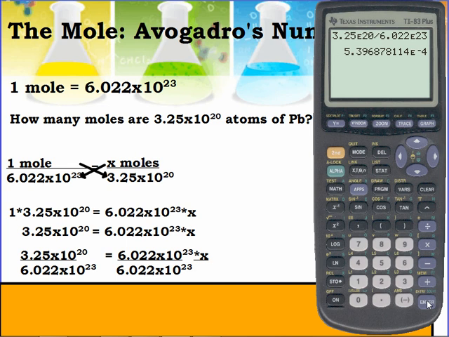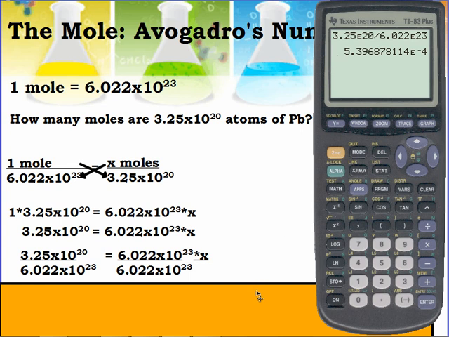My answer is 5.39. Actually, I think I'm going to round that to 5.4 times 10 to the negative 4. Never ever forget to look to the right and write down times 10 and the exponent, because 5.4 and 5.4 times 10 to the negative 4 are very different numbers.